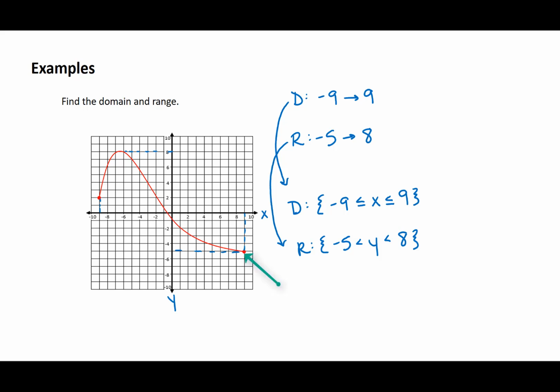Well, I can see here the lowest point happens to be on an endpoint where the dot is. Because it's closed, I need the equal to sign. I'm going to go to the highest y value, over here at the 8. I see that I do indeed touch the 8, so it's going to have an equal to sign as well. Generally speaking, it'll be very obvious if there's not, because there'll be a very visible open dot that you see. There's a few other occasions, but we'll talk about those as it comes up. The newest thing, or the main thing here with the domain and range, is we need to start writing these in inequality form.